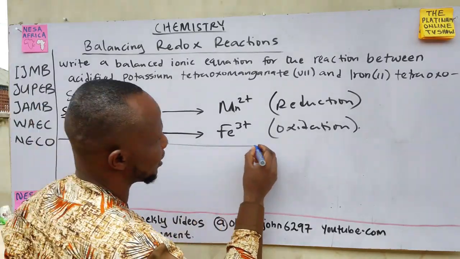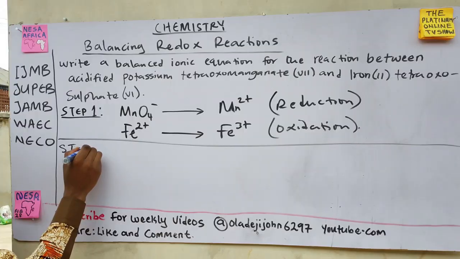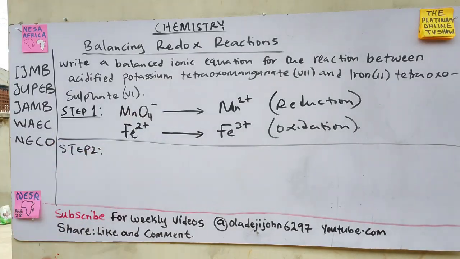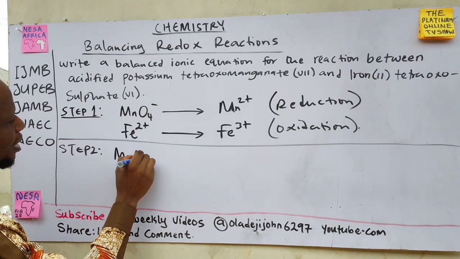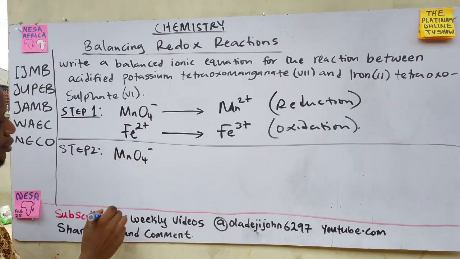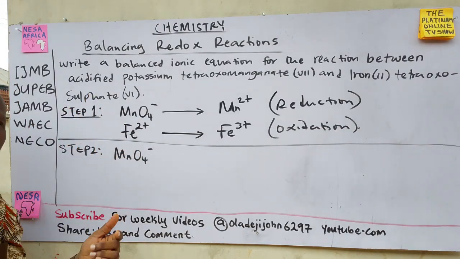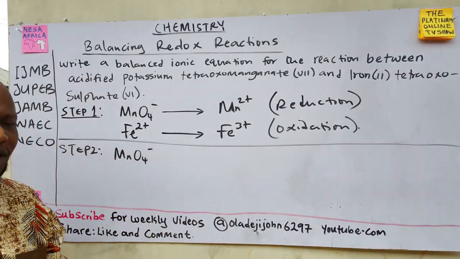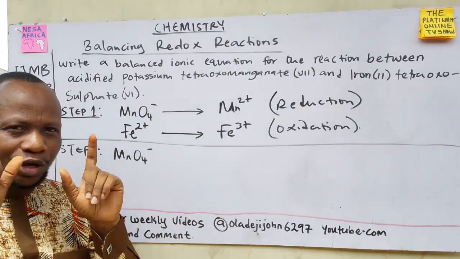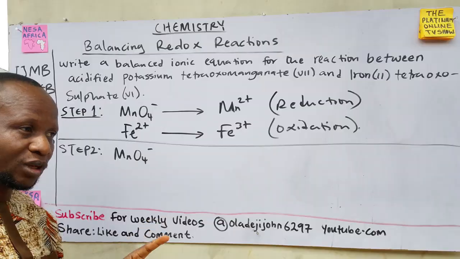Now we move to step 2, where, like I said, we'll be adding water. Since we have the MnO4⁻ ion in an acidified medium, the definition of an acid is a substance that produces hydrogen ion as the only positive ion when dissolved in water.